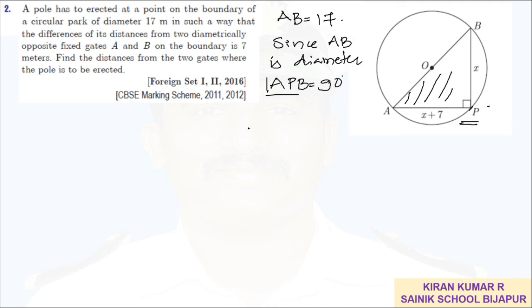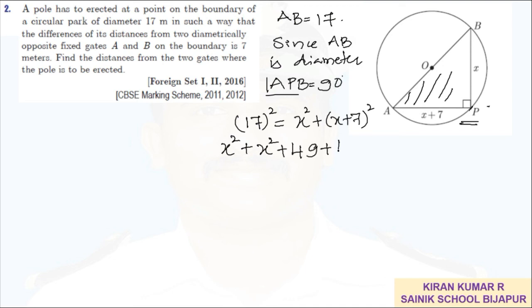In this right-angled triangle, square on the hypotenuse, 17 square, will be equal to sum of the squares on the remaining two sides, x square plus x plus 7 whole square. Let us simplify this further. We get x square plus x square added to 49, that added to 2 4s are 14, x equal to 289. 17 square is 289.